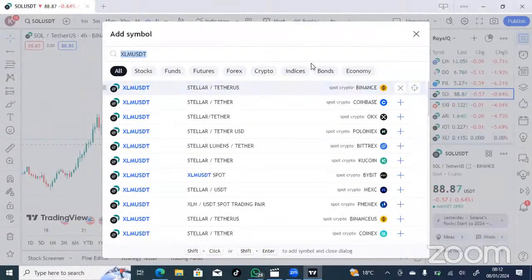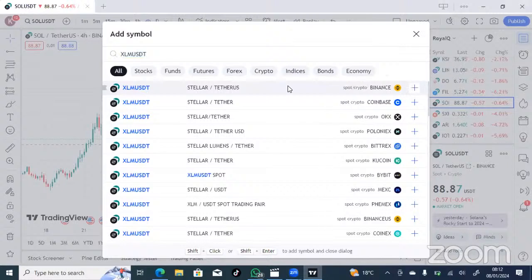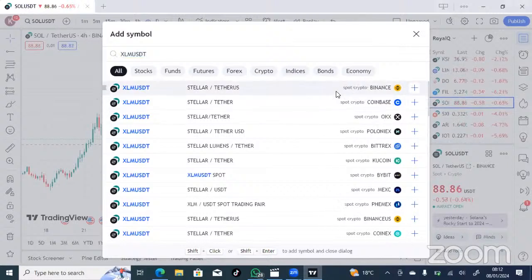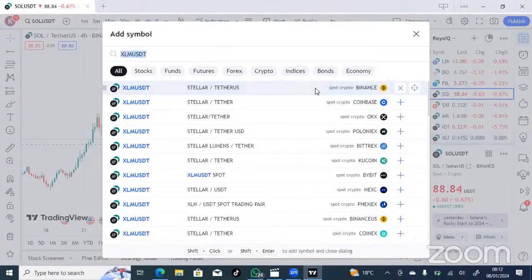TradingView is refusing to serve two masters at a go. So I may not be in a position to open this unless, let me do it this way. I stop sharing my screen and get the chart to open. Then I share my screen again.